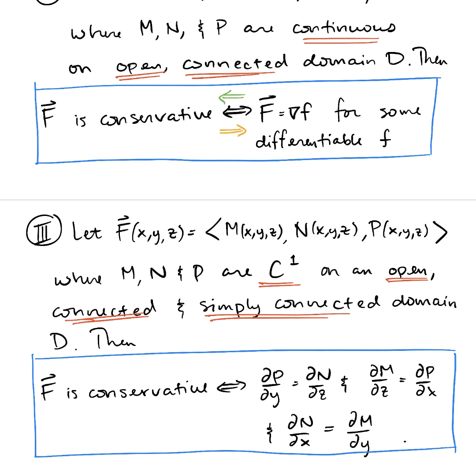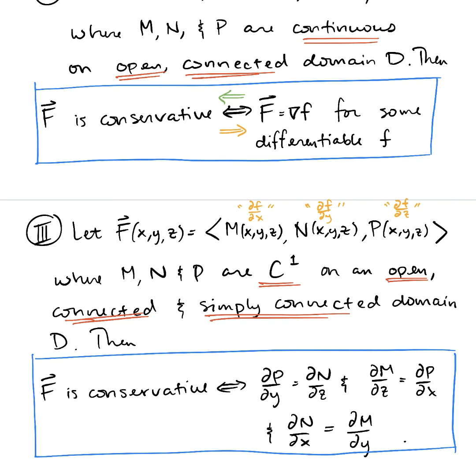In other words, you would need big M to be df dx, and you would need big N to be df dy, and you would need big P to be df dz. So to be conservative, you would need M, N, and P to be the partials of some function little f like that.